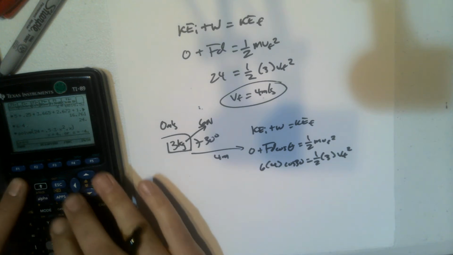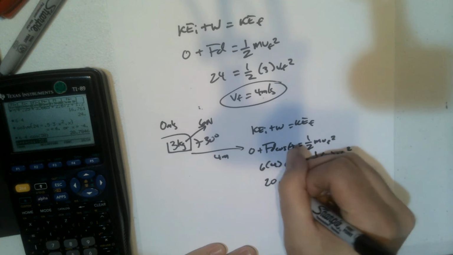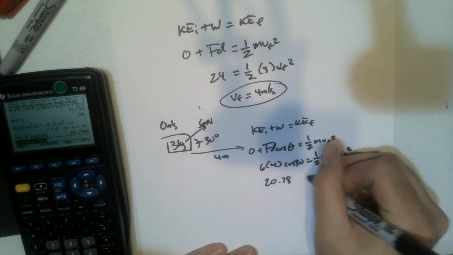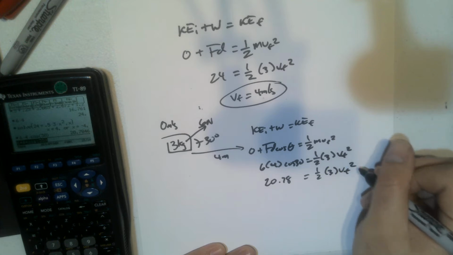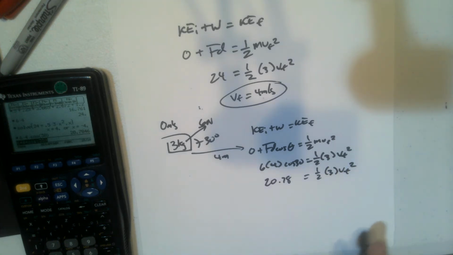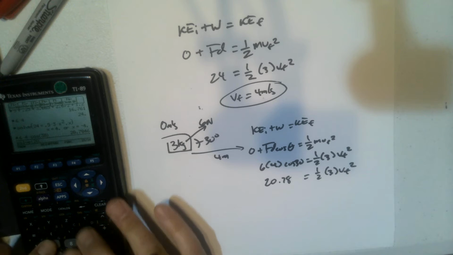So 6 times 4 times cosine 30 gives us 20.78 joules. Now, that's important because what that has just shown us is that by applying this same force but at an angle, we don't add as much energy to the system. Our object is not going to be moving as fast.